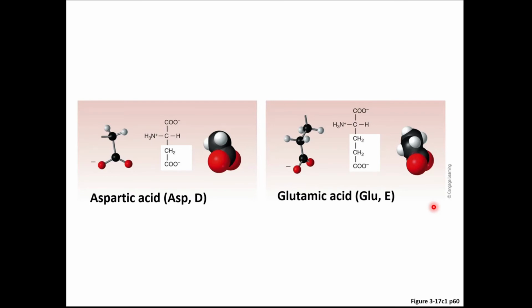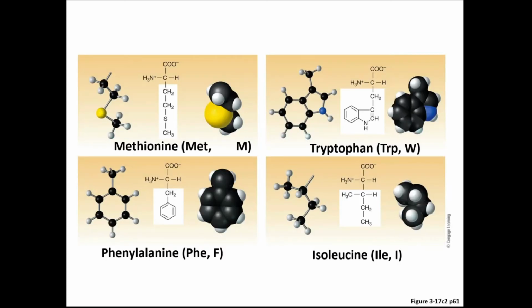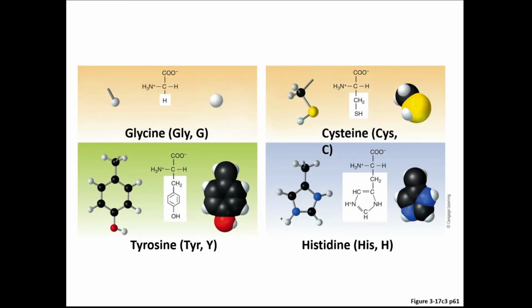Those are examples of acidic forms, here in the case of aspartic acid and glutamic acid. Also, we have basic forms of amino acids. Here, the histidine.